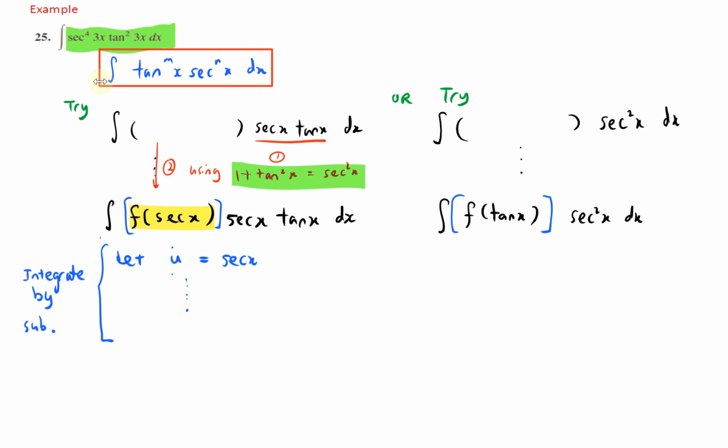Now if this is not possible, that means if you can get secant x tangent x out, but you cannot obtain a function of secant x only, must be only secant x, no tangent, no other thing, then you have to go to the next approach.